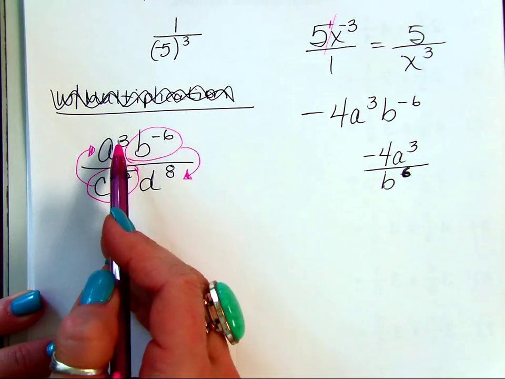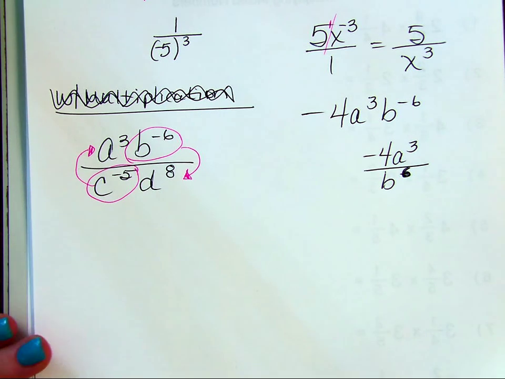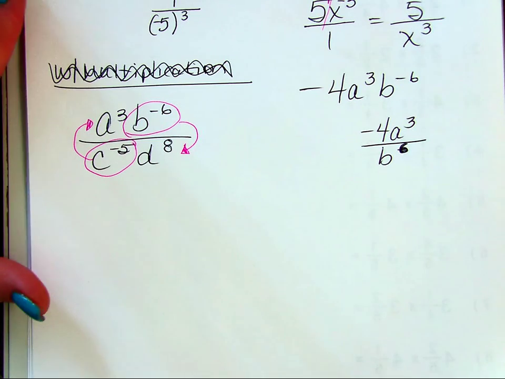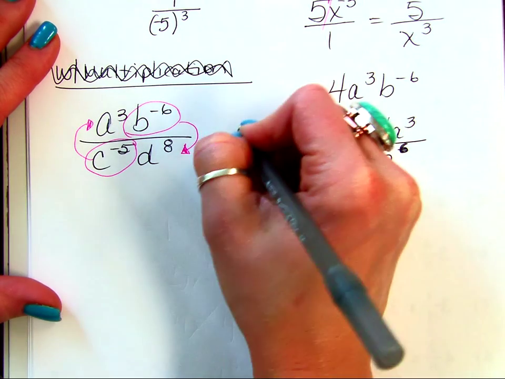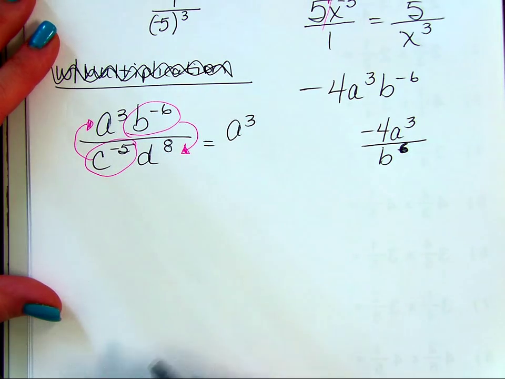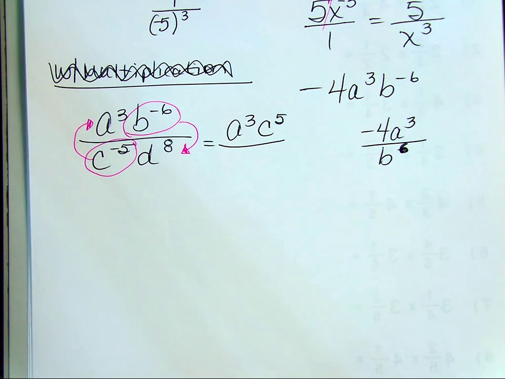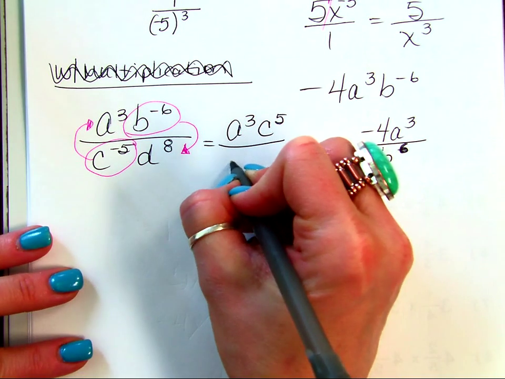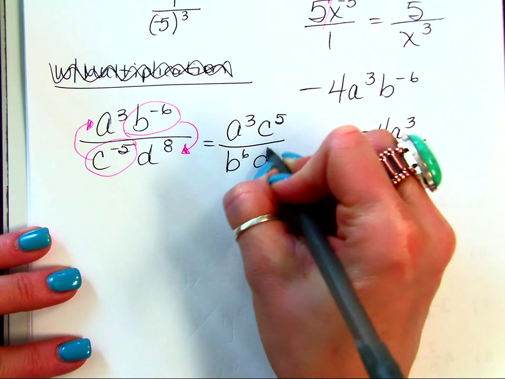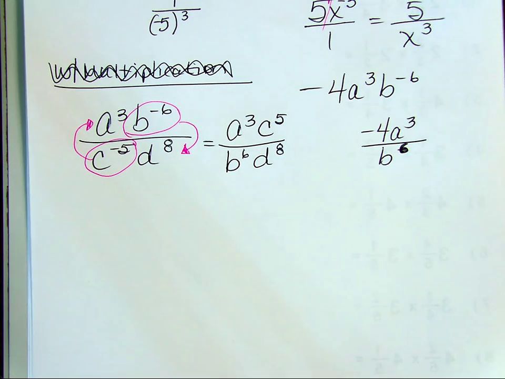And those 2 are okay to stay, right? So what would this look like? This would look like an a to the third staying put, and a c to the now positive 5th coming to join it, right? Then it would look like the b to the 6th and a d to the 8th. Is that what you were thinking it would look like? Okay, pretty easy? Okay. So that first part was just kind of moving things around.